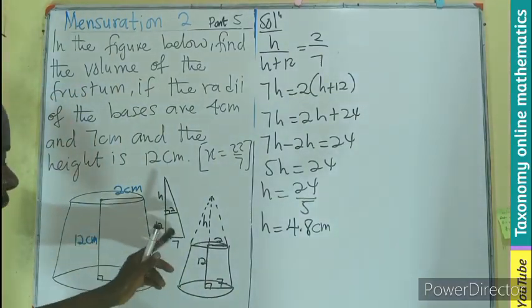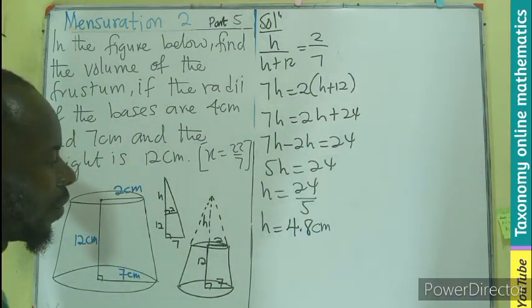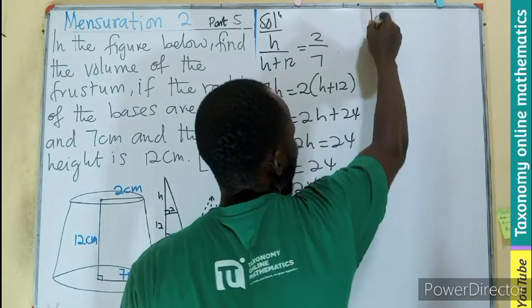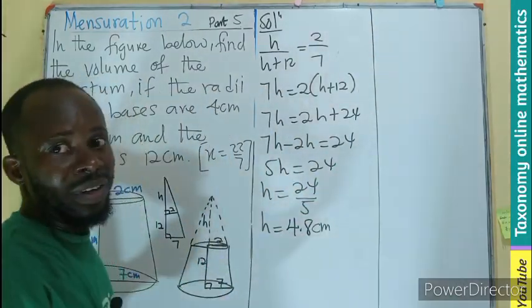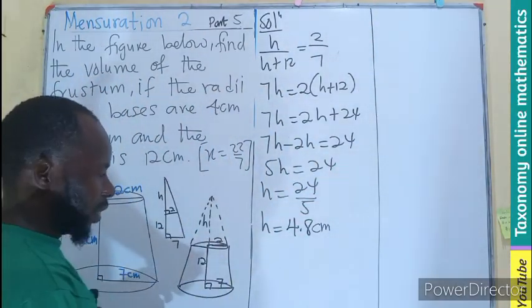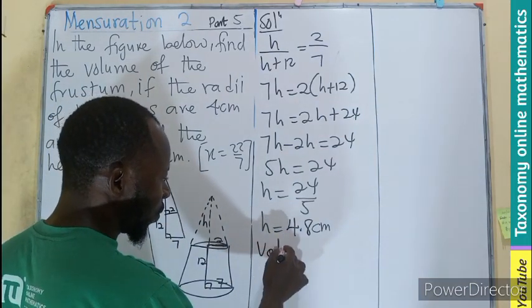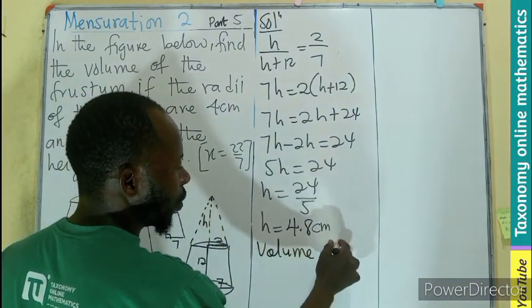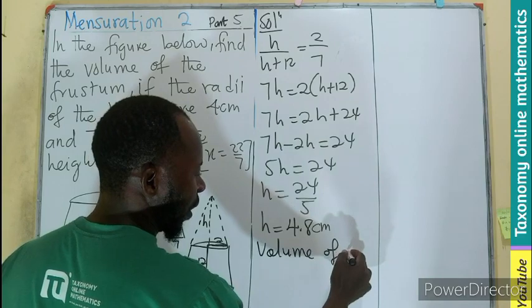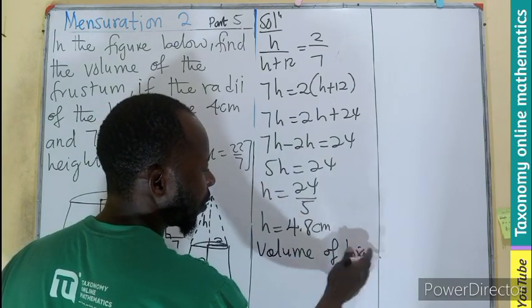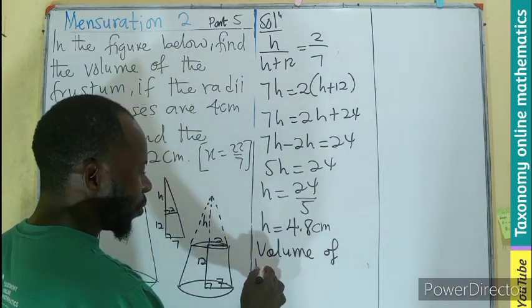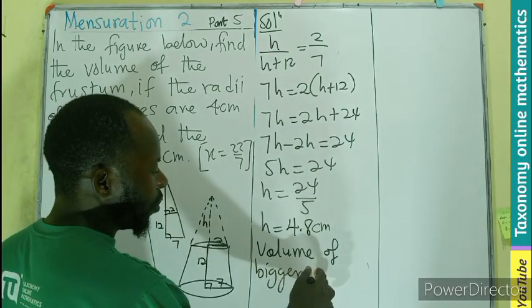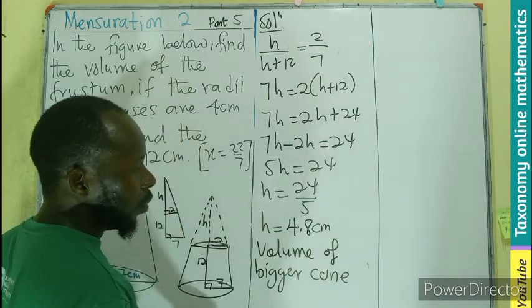So now we know the height. What are we going to do? We are going to find the volume of the bigger one, which is the complete one. So volume of bigger cone. What is the volume of a cone?